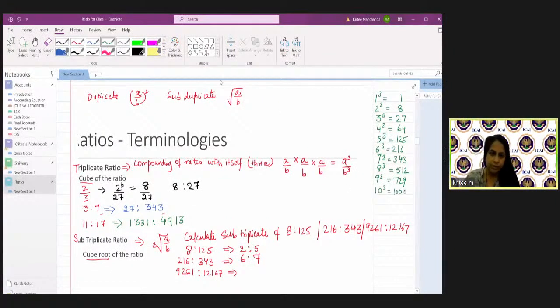Why I'm telling you this? This helps you in identifying cube root on your calculators, because generally we don't have any function of cube root in the calculator.